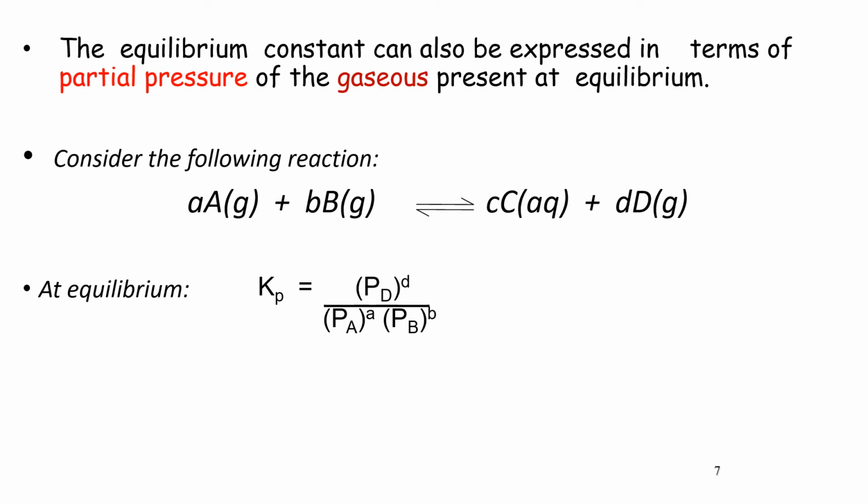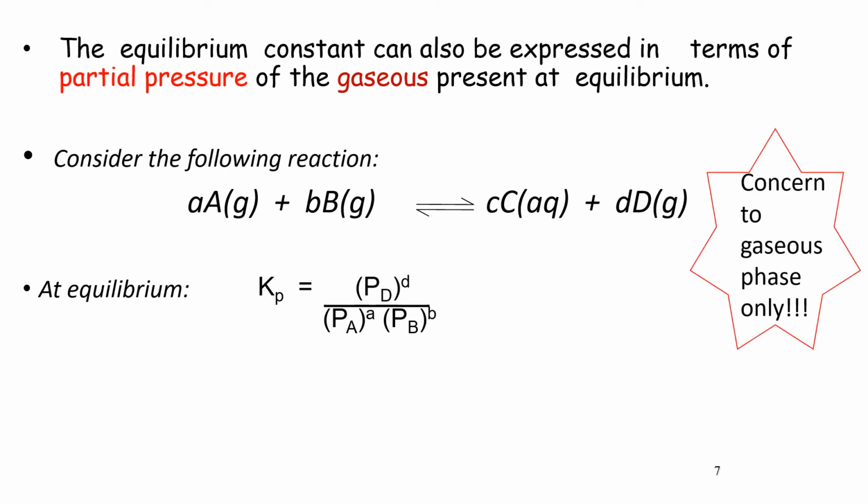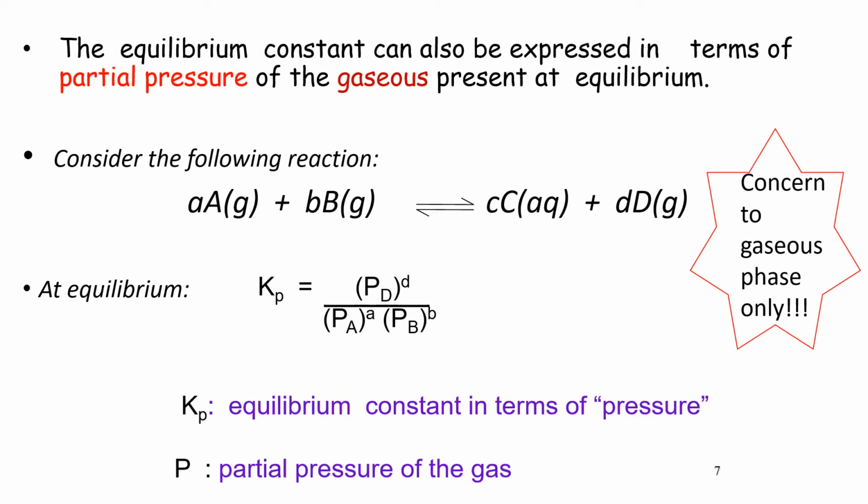Do you know why we ignore the presence of C in this expression? Yes, because C is present as aqueous. So we omit it from the expression of equilibrium constant. Kp here is the equilibrium constant in terms of pressure, whereas P is the partial pressure of the gas.